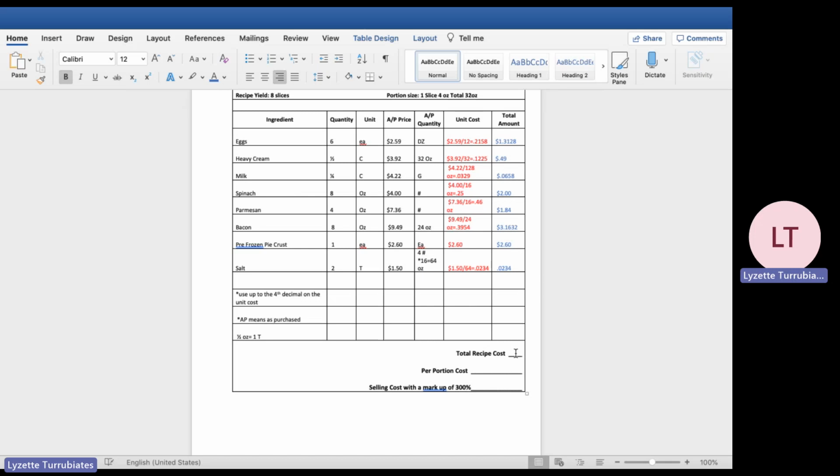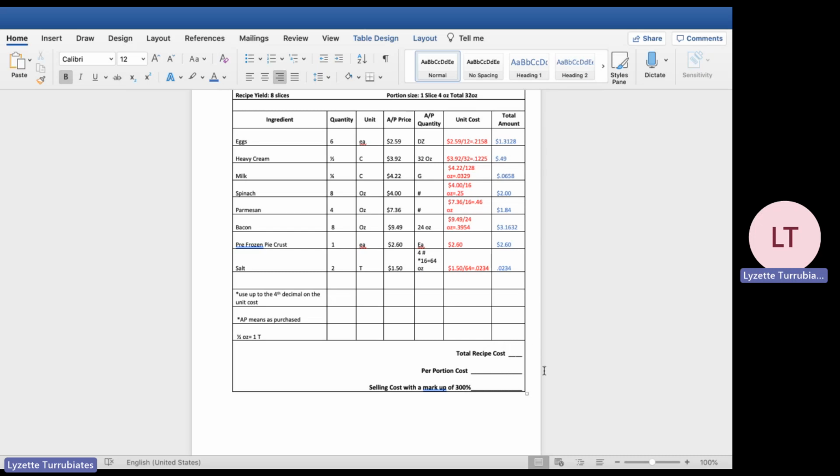Now we need to figure out what our total recipe cost is. So we're going to be adding up everything in this column to get our total recipe cost. So $1.3128 plus 0.49 plus 0.0658 plus $2 plus $1.84 plus 3.1632 plus 0.0234.